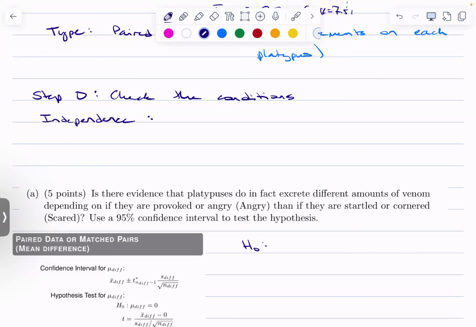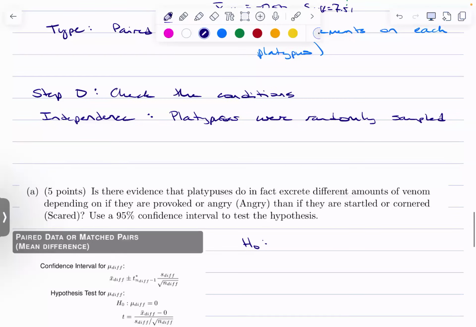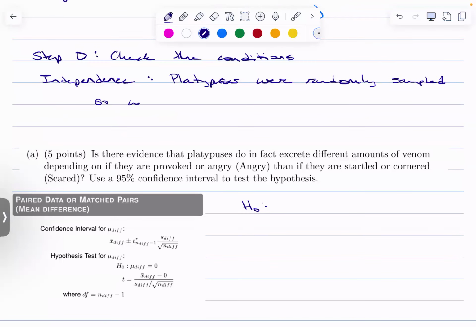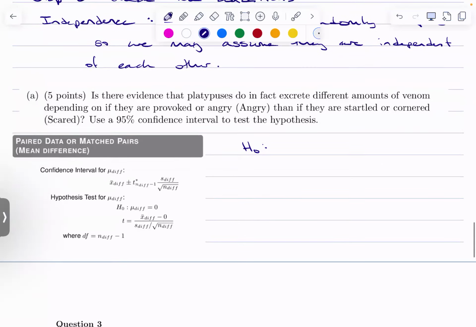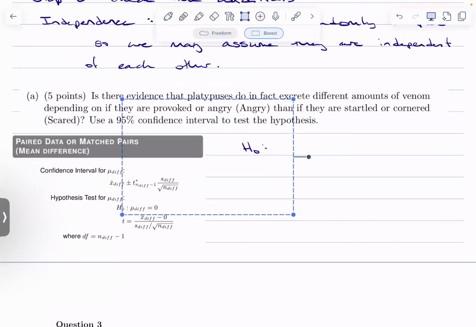Platypuses were randomly sampled. So we may assume they are independent of each other.